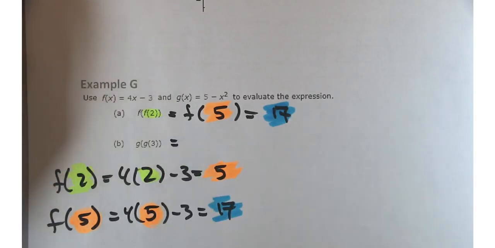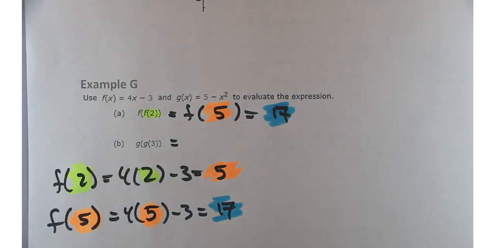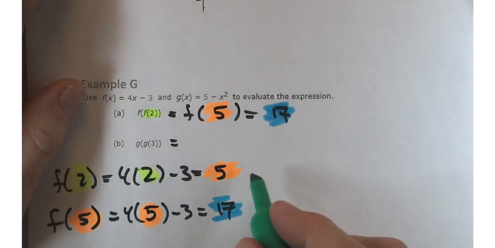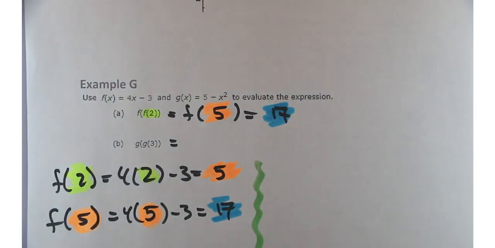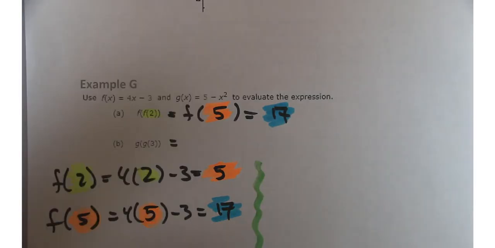Why don't you try g of 3? So same kind of thing, it's just this time you're working with a different function. G of x is 5 minus x squared. So we'll start out inside like we did just a moment ago. So start out with g of 3.